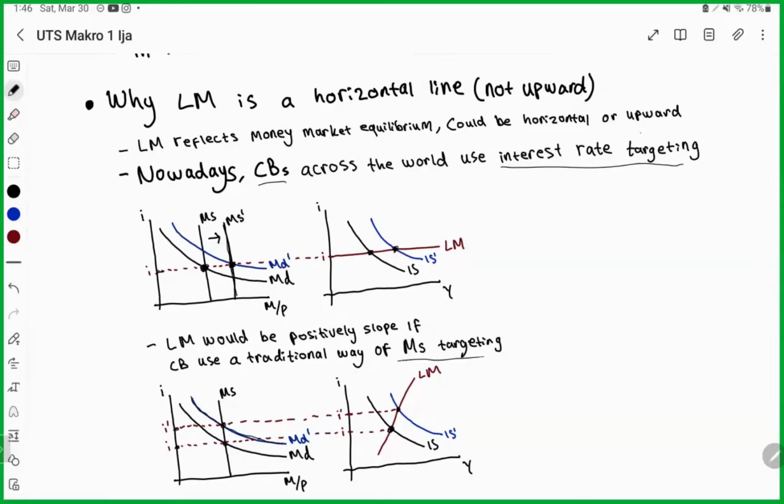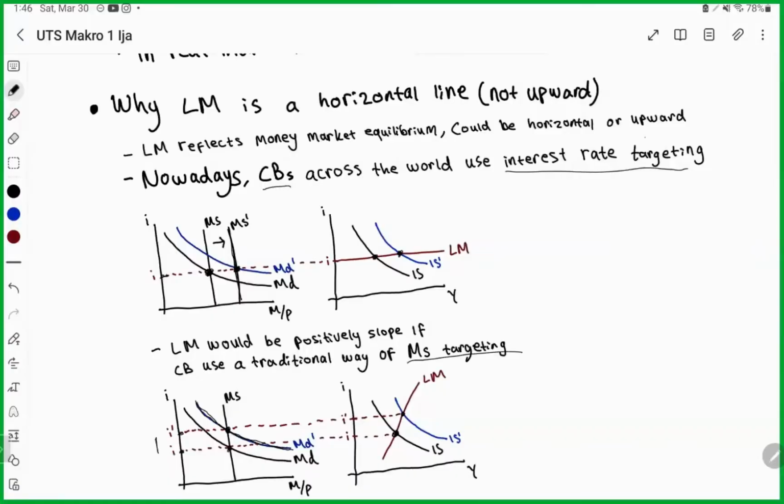In contrast, with money supply targeting, we target the money supply. So in this traditional way, the money supply doesn't change; we keep the money supply constant. So when there is an increase in money demand, to keep the market in equilibrium, we increase the interest rate.